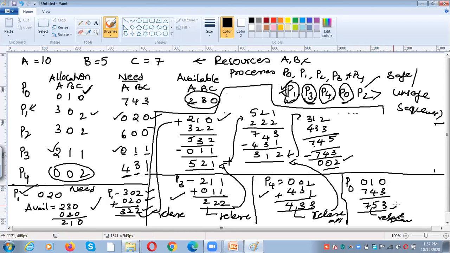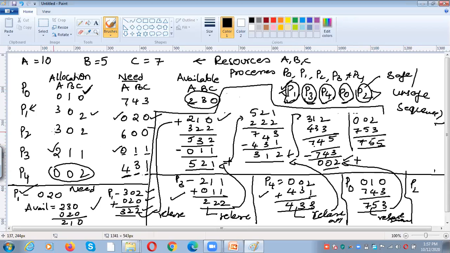Okay, these 7 5 3 will be added to the available. What is available? 0 0 2. To 0 0 2 you need to add 7 5 3. 7 5 5 is the available resource after completing P0. Then we need to give it to P2. Okay, last one, P2.